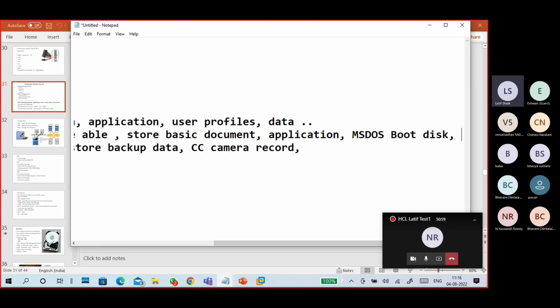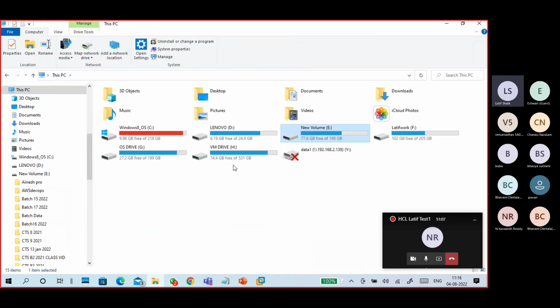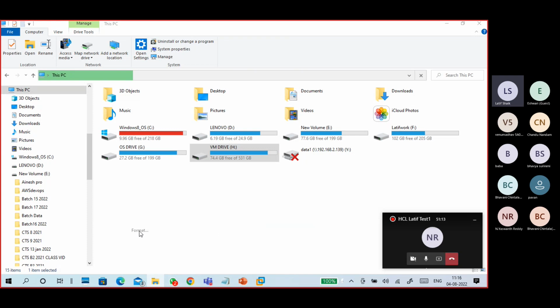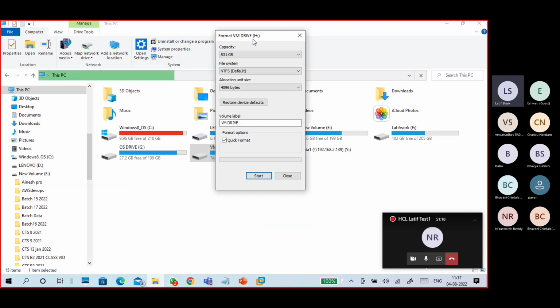Whenever you want to see, I will show you one option here, but don't do that one. Look here, I have an H drive. If I put in a pen drive, that is good. I click on format. You don't do it, guys, because you may forget to cancel it and the entire data will be deleted.